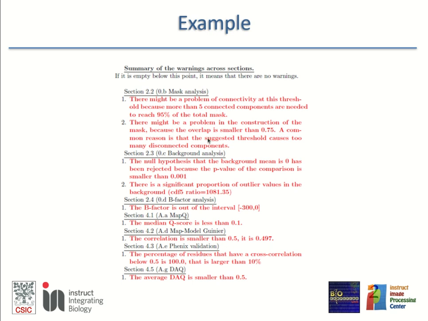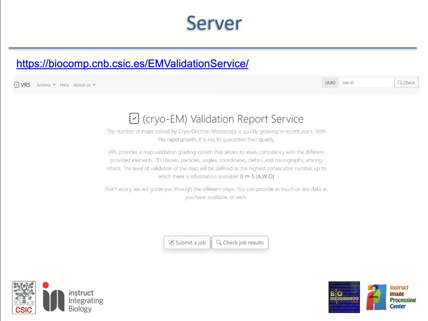The background is not zero mean, it has many outliers, the B factor is outside this interval, and the MapQ and different tools that compare the map and the model are complaining.